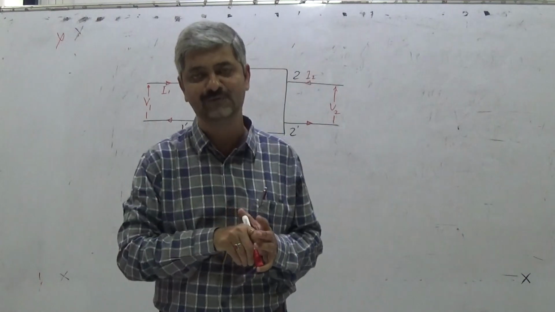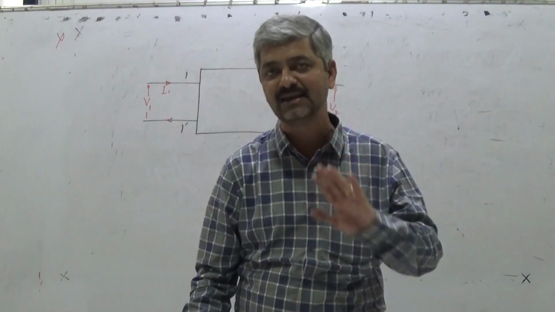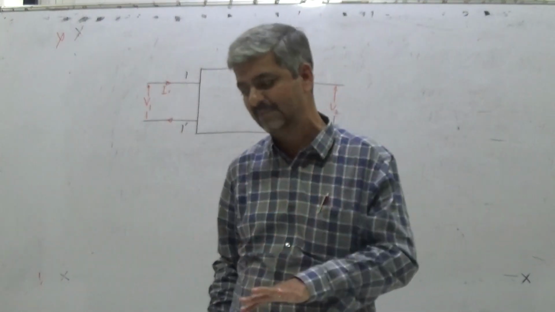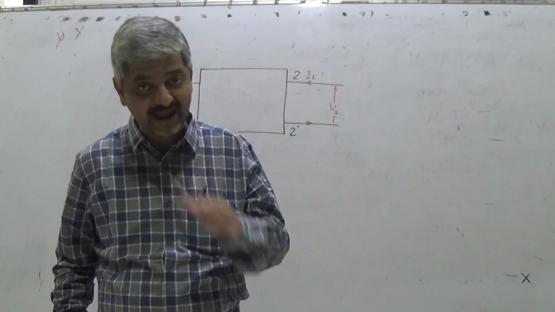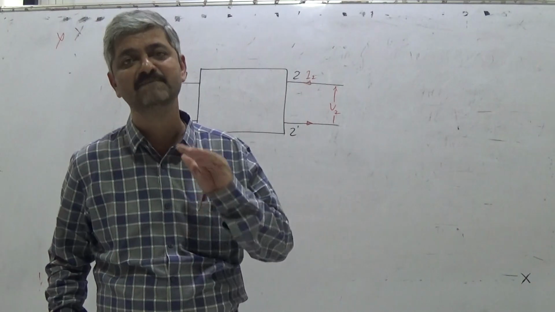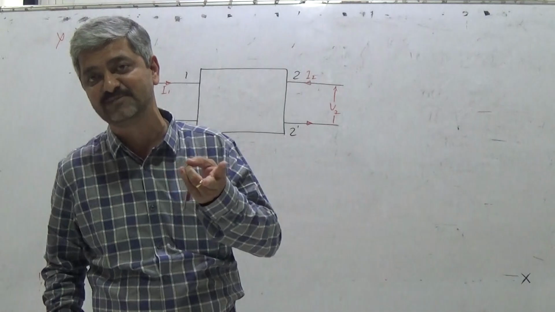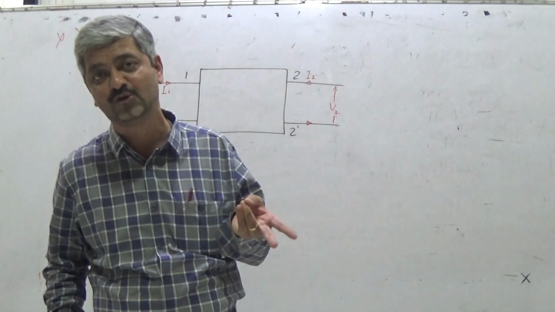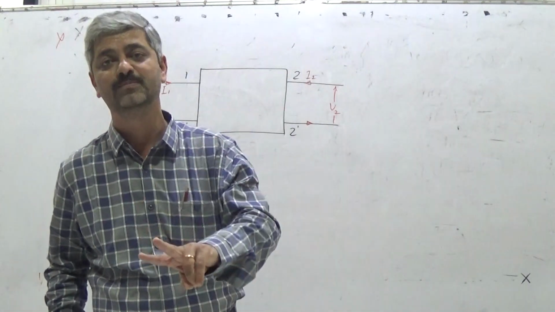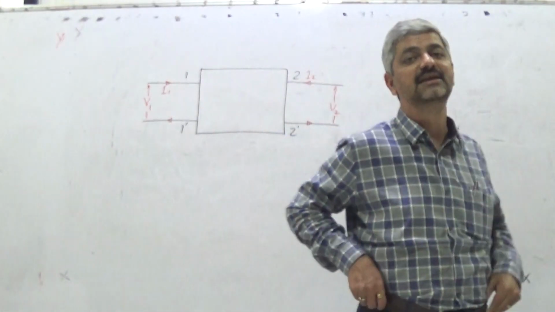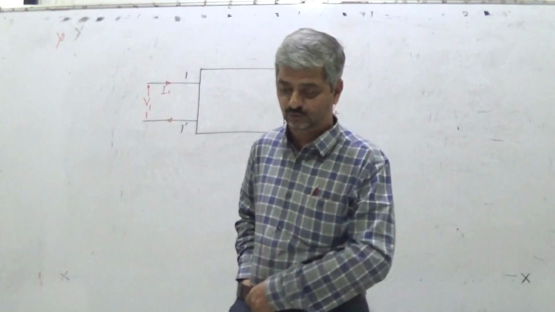So V1, I1, V2, I2 are related by a set of four parameters, and there is a method by which any two can be expressed as a linear combination of the remaining two.